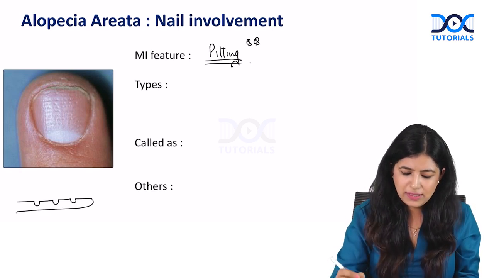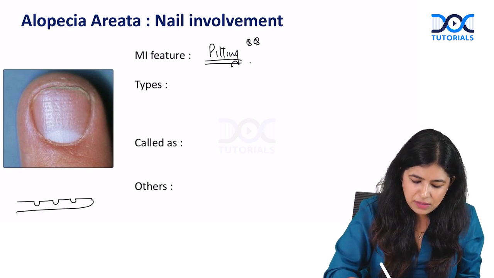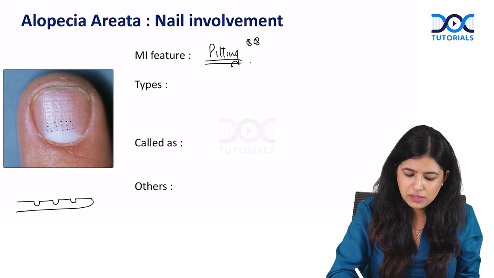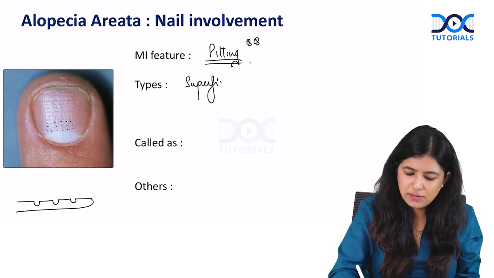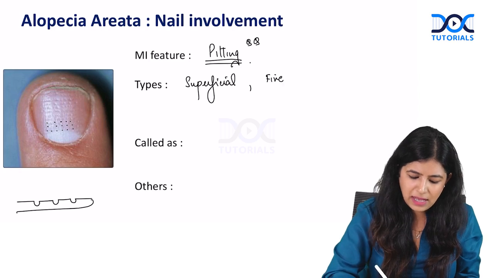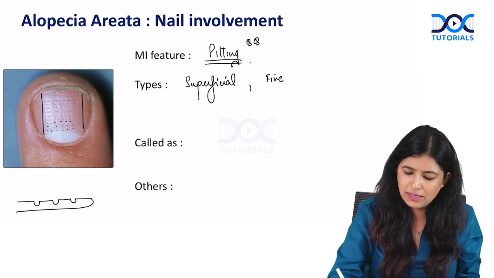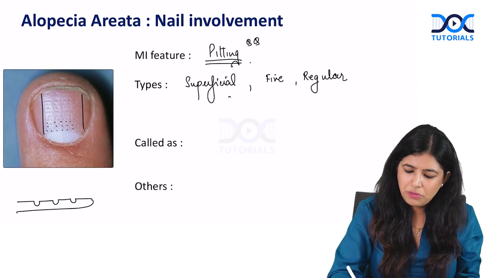Now in alopecia areata, the pitting is superficial, fine, and regular. So when you see this nail, you see that the pits are superficial, then they are fine, and they are arranged regularly. A way to remember this is the mnemonic SFR.